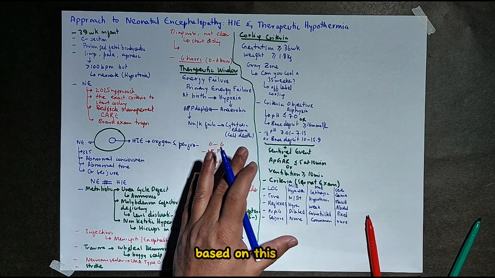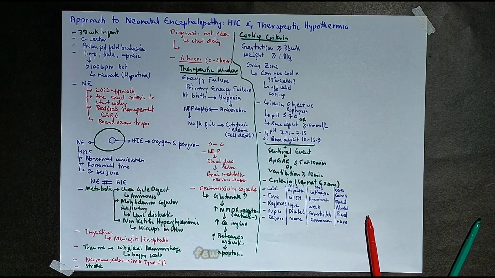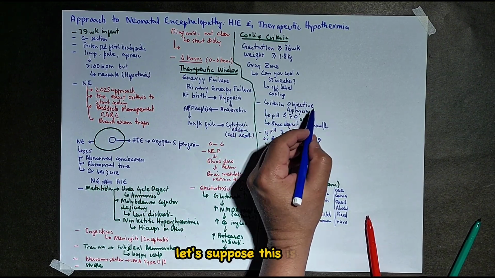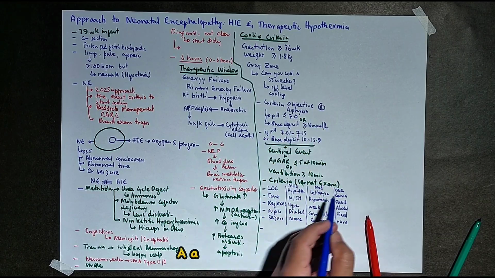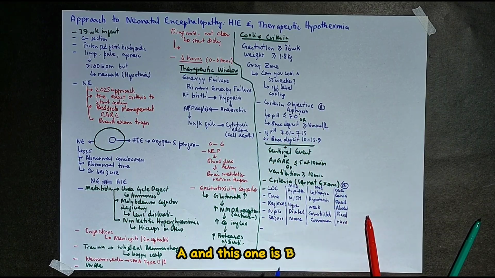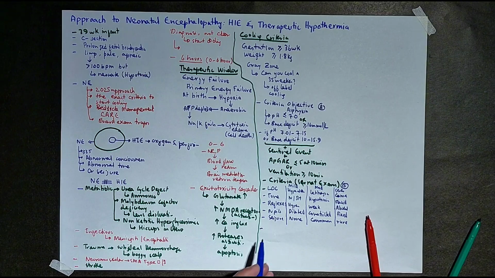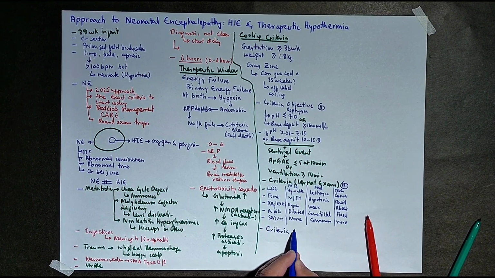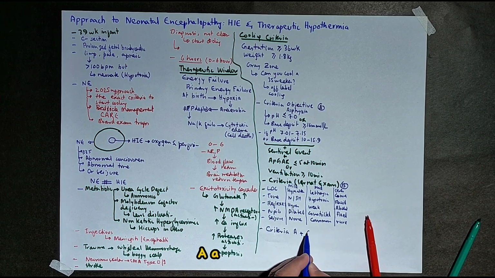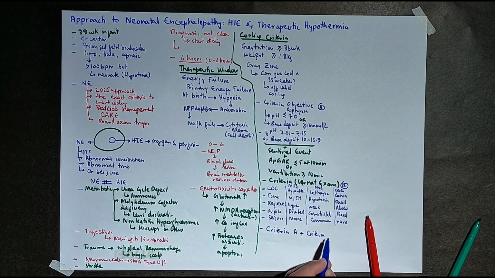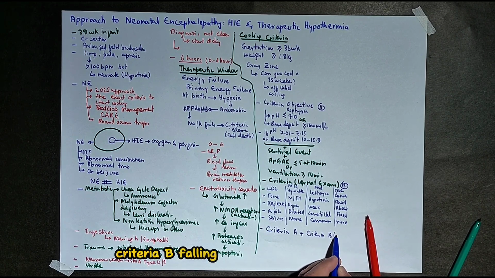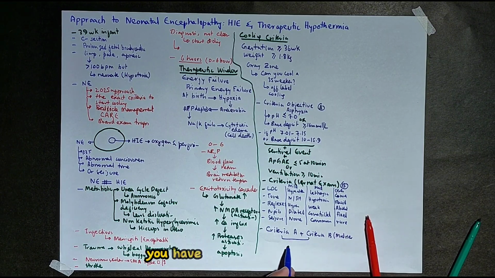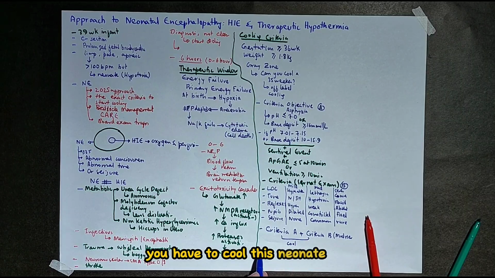Based on this, we have a few decisions. Let's suppose this is A and this one is B. If the child is meeting criteria A along with criteria B falling in moderate to severe, you have to cool this neonate.